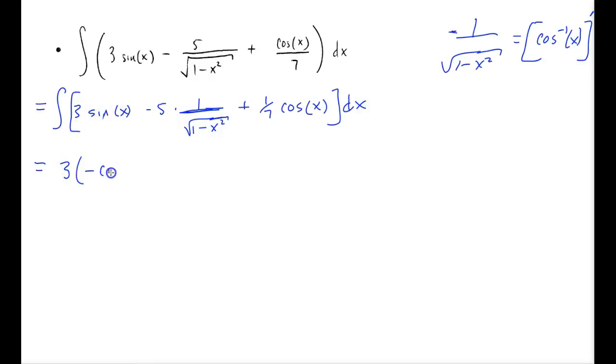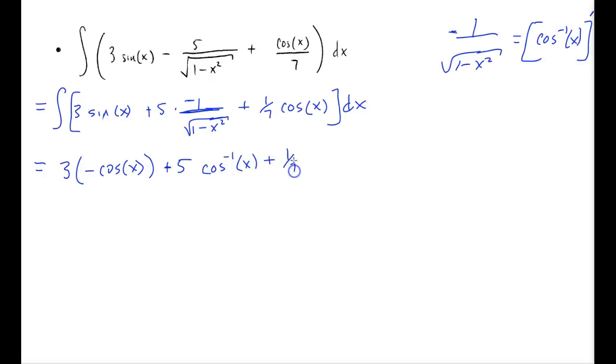Integral of sine is minus cosine. And we know that, ignoring the 5, the derivative of cosine inverse of x is negative 1 over square root of 1 minus x squared. So the antiderivative of negative 1 divided by square root of 1 minus x squared is just going to be cosine inverse.